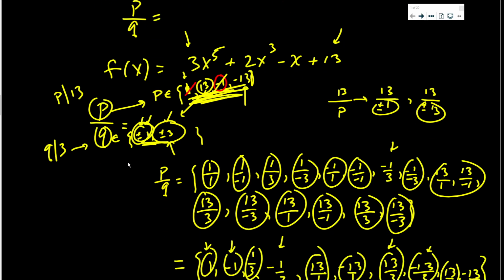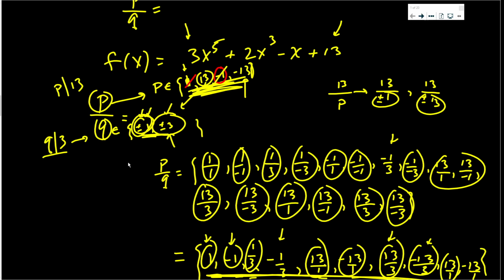And when it comes to Q, Q must divide 3. Q must go into 3 evenly. Well, 1 goes into 3 evenly. Plus and minus 1 goes into 3 evenly. And positive 3 goes into 3 evenly. And negative 3 goes in there evenly.